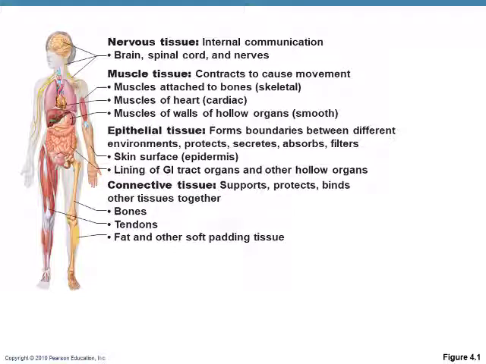Tendons, ligaments are connective tissue. Your blood is a connective tissue. So you see that bone is very hard, blood is liquid. So connective tissue is present in many different forms and widely distributed throughout the body. Bones, cartilages, tendons, ligaments, fats are also connective tissue. Blood.